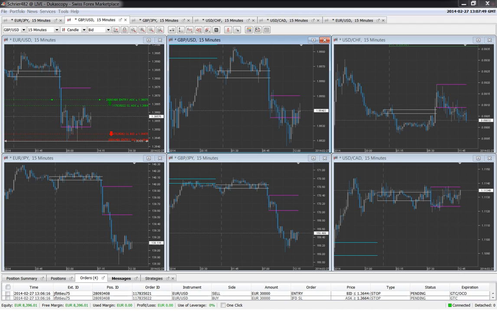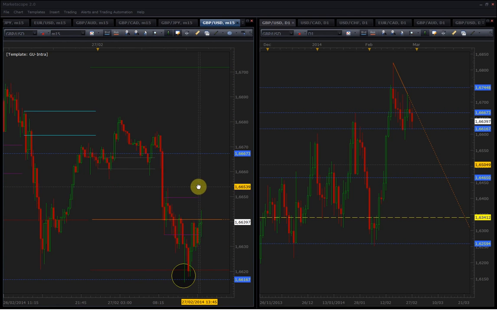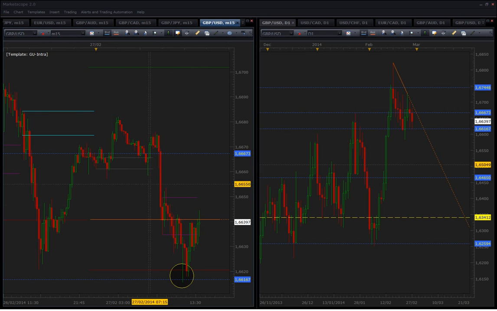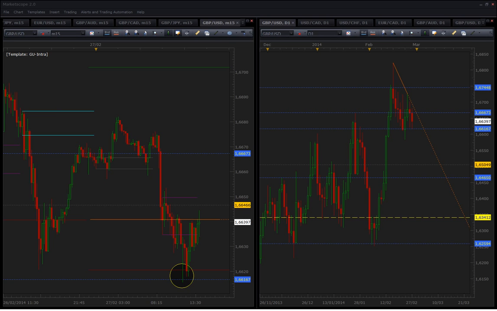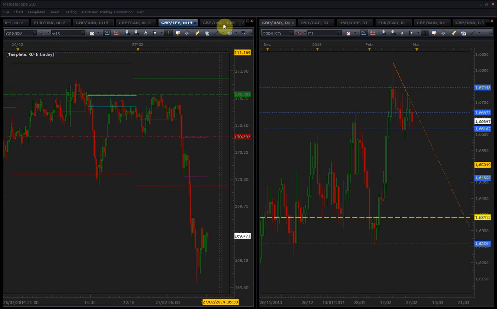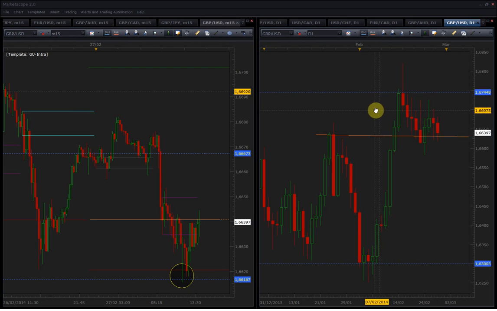Okay. Anyone else have any position open? Okay. And on the pound pairs, on pound dollar, the long, let me see where is the long.